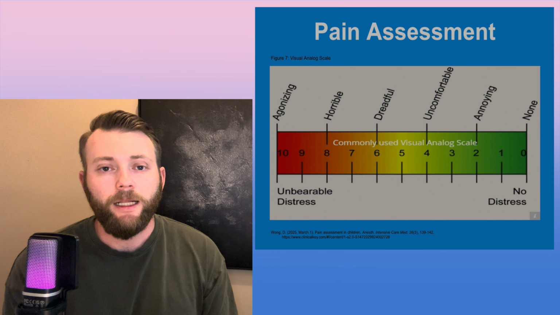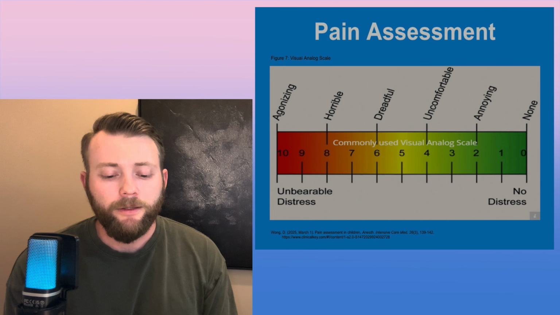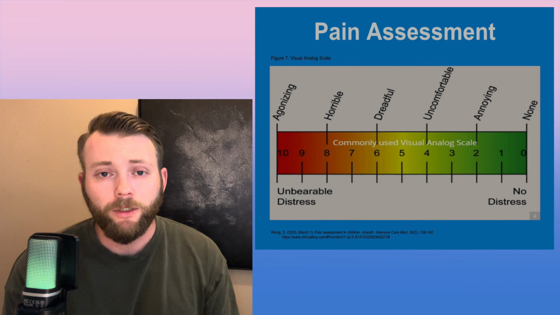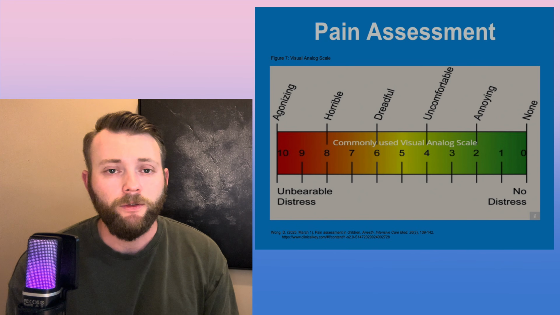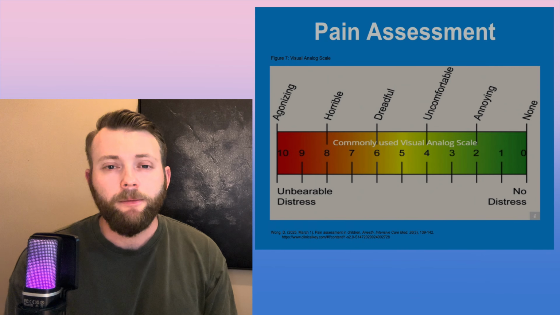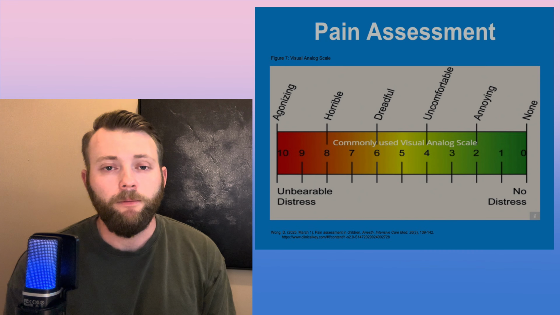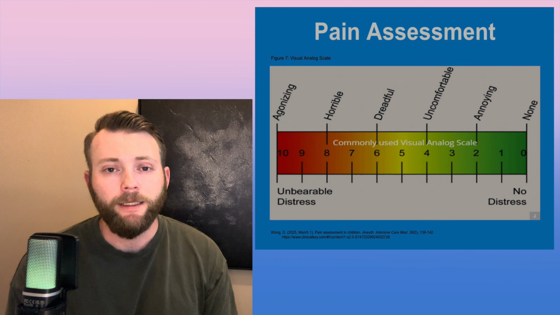The last validated pain scale that I have is the visual analog scale, and this is best suited for verbal children, typically older than 7 years of age. And it adds a descriptive word over top of the numeric scale, and that can make it easier for children to point to where their pain is instead of providing a number from 0 to 10, as they may not fully understand what we're asking or what we mean by that.